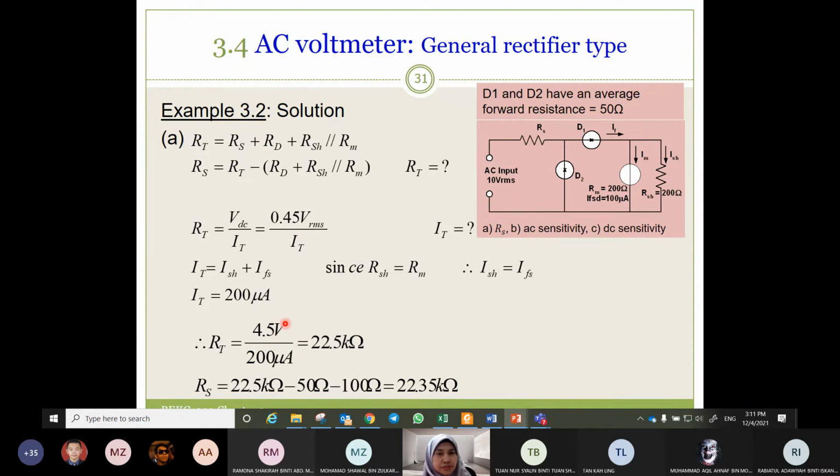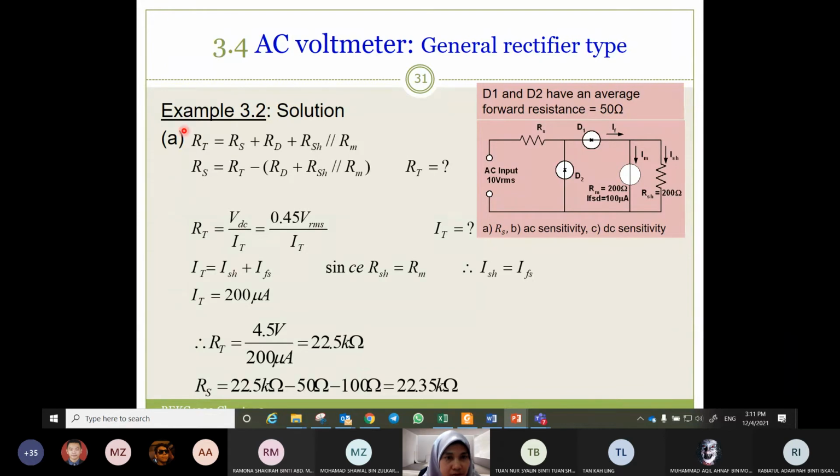I recommend to exclude V and M here so that you will not be confused, maybe you think that V is a parameter or unknown. So 4.5 divided by 200 micro, you get 22.5 K.